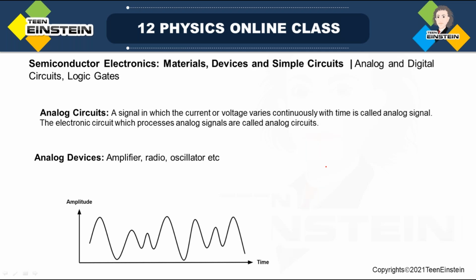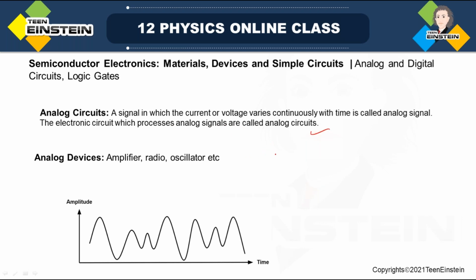The circuits which process analog signals are called analog circuits. The circuits which produce analog signals are called analog circuits.